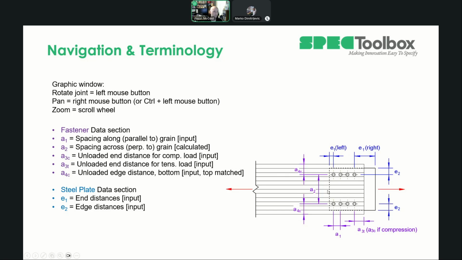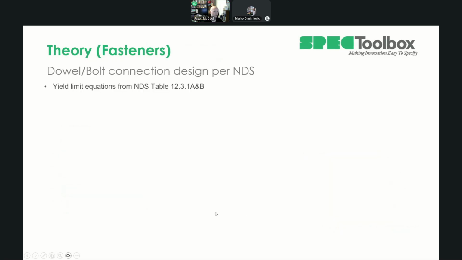A4 is edge distances to wood, and then on the steel plate portion, E1 is going to be your end distances left and right, and E2 is going to be your edge distances to the plate. So we'll see that in the live demo. I just wanted to kind of clarify that up front.